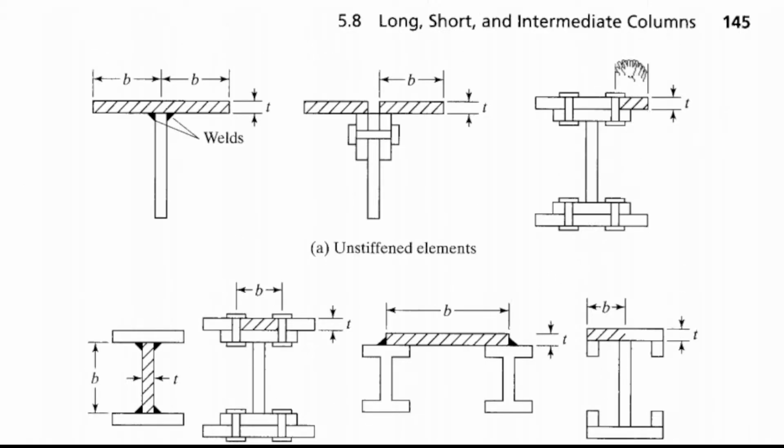Look at B. Stiffened, because this B is strong. If you have this, the additional is not a stiffened element, but here, this is a stiffened element. So take note of B, because we need B divided by T. Take note, B divided by T.